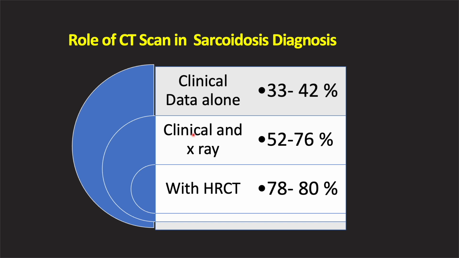So one can argue that even an X-ray gives us a very good indication of sarcoid. Why would we need an HRCT? That's because an HRCT helps you follow the patient better, diagnose better, pinpoint the sites for diagnostic testing, biopsies, lavage, and so a CT scan has a very important role to play in sarcoidosis.